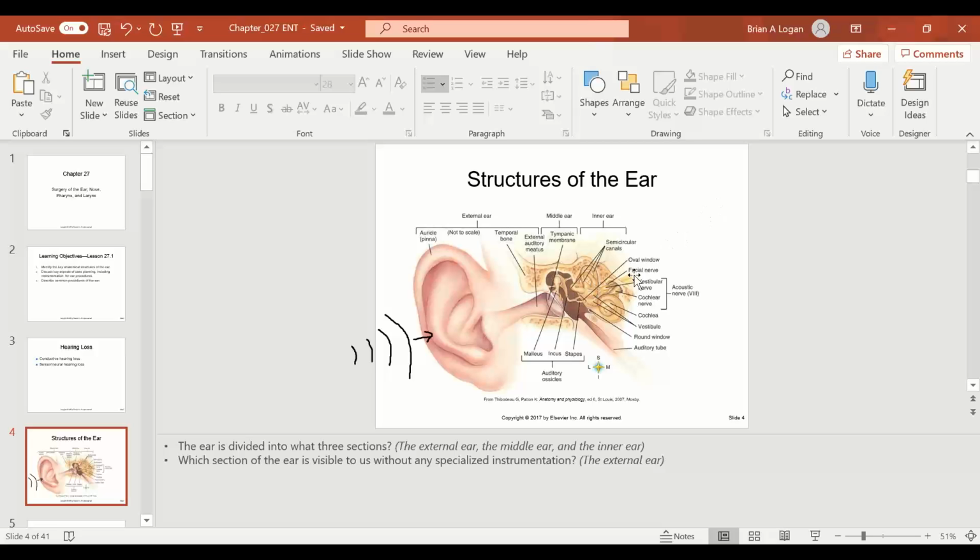This nerve is the vestibulocochlear nerve, or the acoustic nerve. It is cranial nerve number 8.